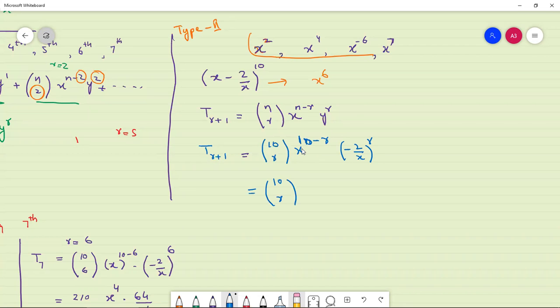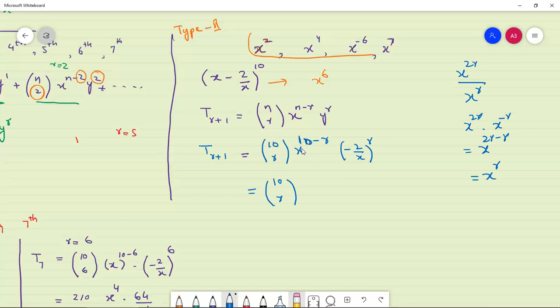If I have x power 2r divided by x power r, and both are x, then these parts can be solved. When I shift this x power r from the denominator to the numerator, the power becomes negative. You learned this in O level indices. So x power 2r minus r becomes x power r.